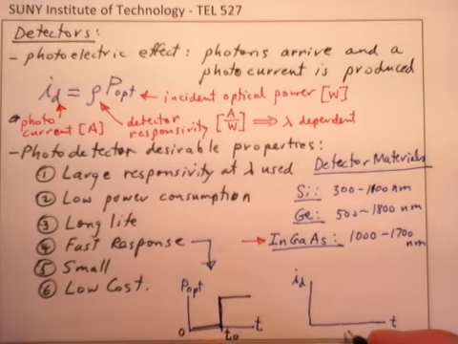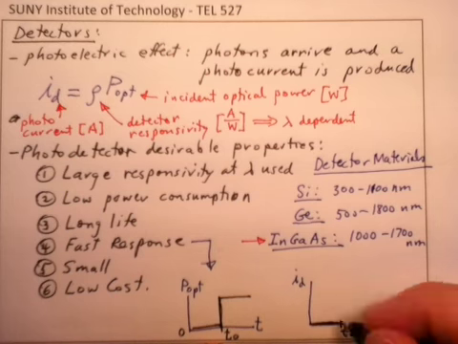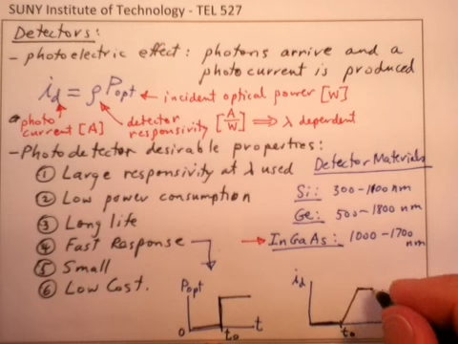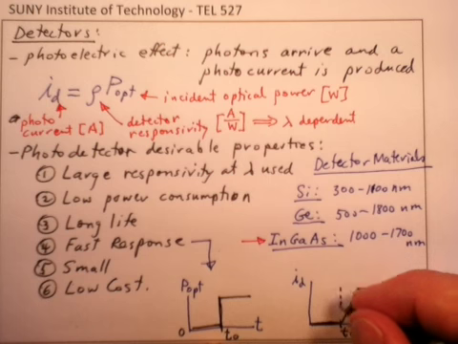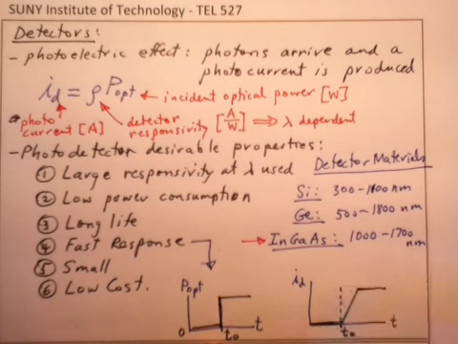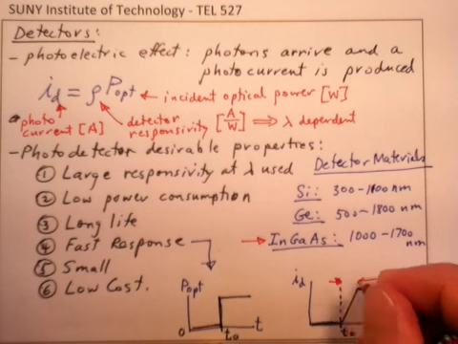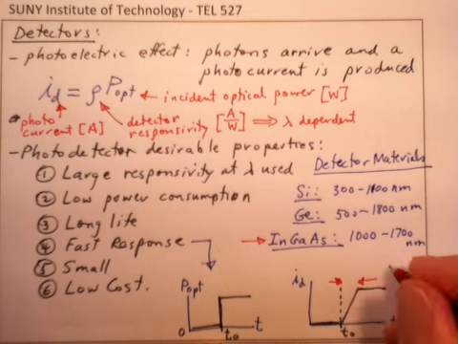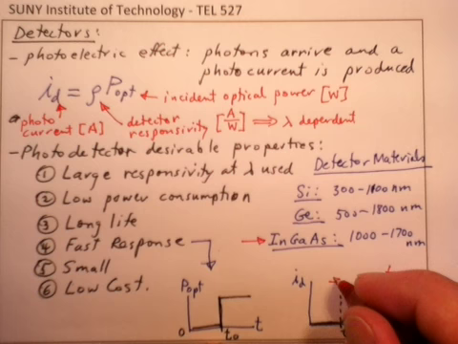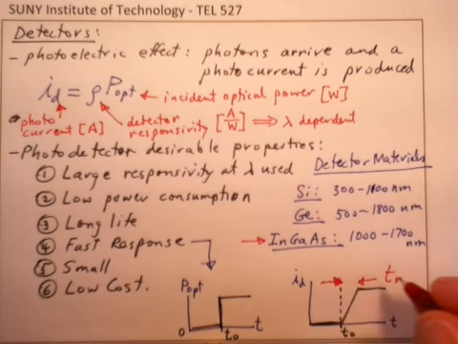But at that time, our photocurrent does not instantaneously jump up to the value that it's going to level off at. We can take this time interval and call that our response time, T R, for response. So that's the response time of the detector, and we'll see that it's very important.